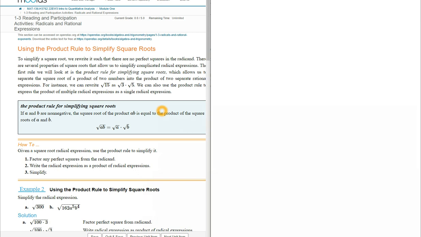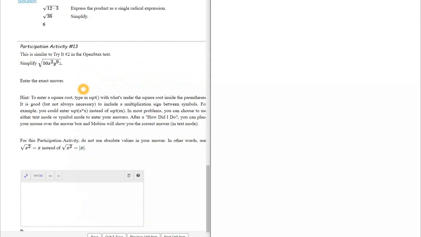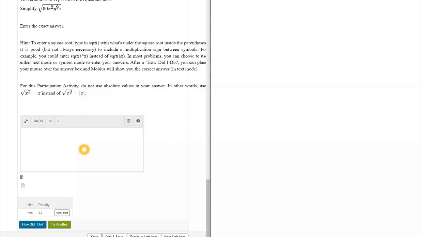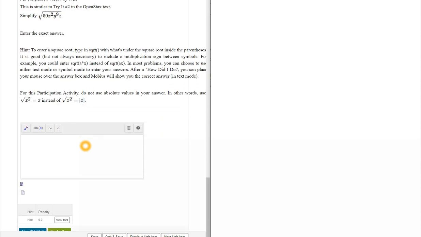Okay, so I am in Mobius in section 1-3, reading and participation activities, radicals and radical expressions. Someone asked me about participation activity number 13 right here.